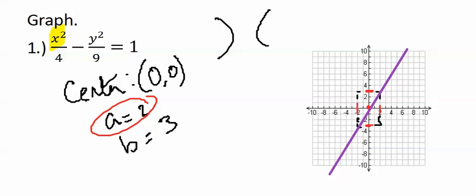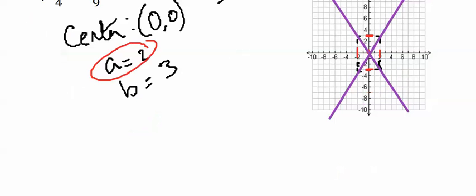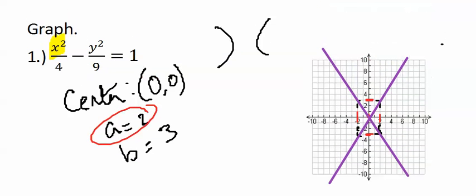There's 1, and then there's another. And you should be able to tell where the corners are based on how many you went over. So we went over 2, up 3. So an example, this point right here would be 2, 3. This over here would be negative 2, 3, and so on.